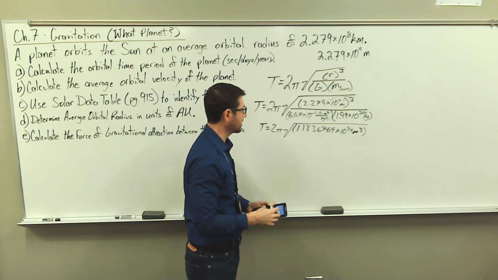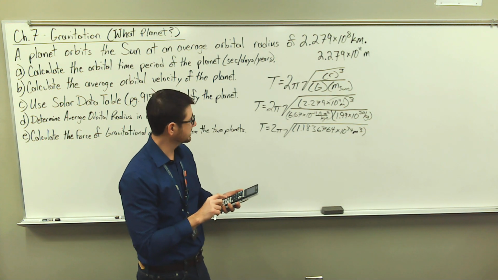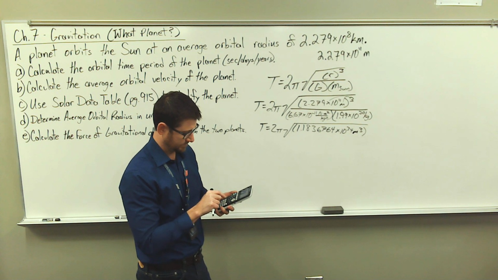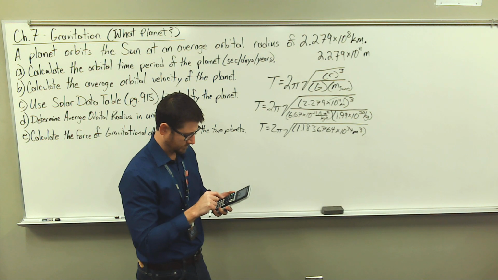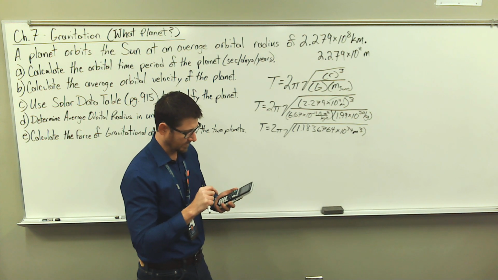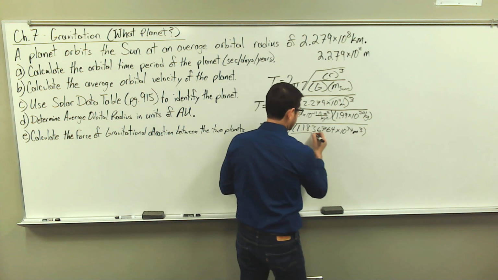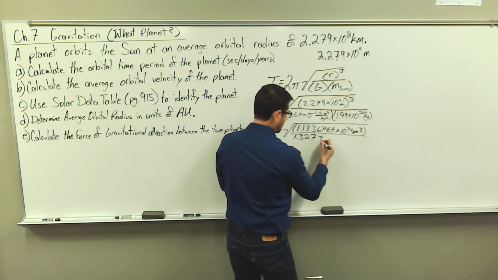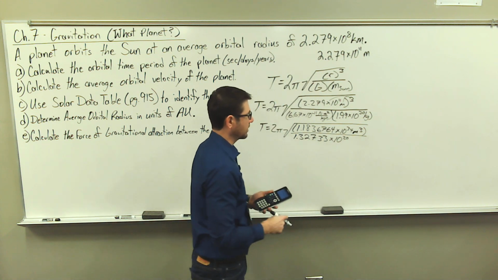All right, in the denominator, we're going to multiply the universal gravitational constant and the mass of the sun. And that's going to give me 1.327 times 10 to the 20th power.